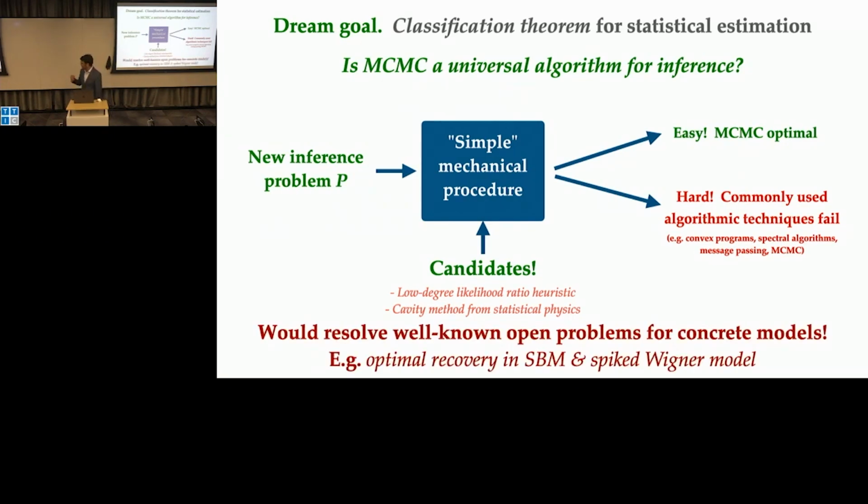So answering this question is a matter of relating what these candidate heuristics are telling us with what the Markov chain is actually doing. And doing so would hopefully along the way also resolve certain well-known open questions in this area of statistical inference and analyzing Markov chains for inference.